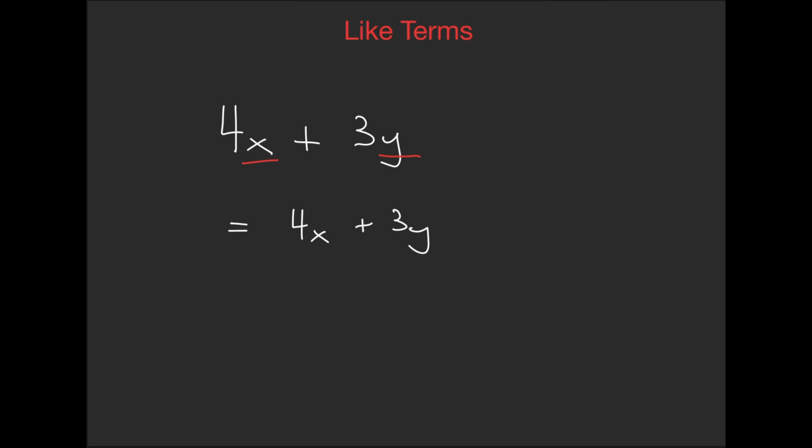A way of thinking about this is having 4 apples and 3 oranges. If you add 4 apples and 3 oranges, there's no single type. There's not 7 of apples or 7 of oranges. So it stays as 4 apples and 3 oranges. In that same way, when the letters are different, you cannot combine them.